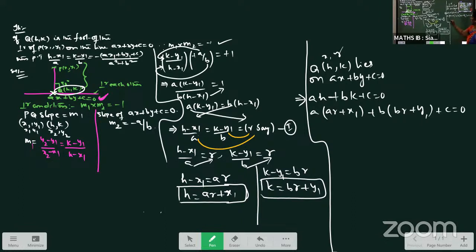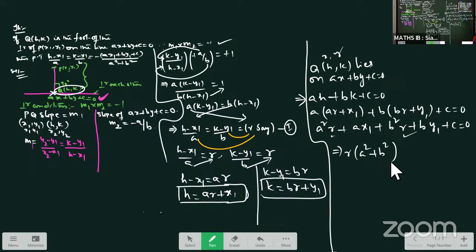Now multiply: a square r plus a x1 plus b square r plus b y1 plus c is equal to 0. What we are observing, here r is there, here r is there. Can you take r common? So take r common. Then a square plus b square, and what are the left terms here? ax1 plus by1 plus c is left. So I am writing this as r into a square plus b square plus ax1 plus by1 plus c is equal to 0.